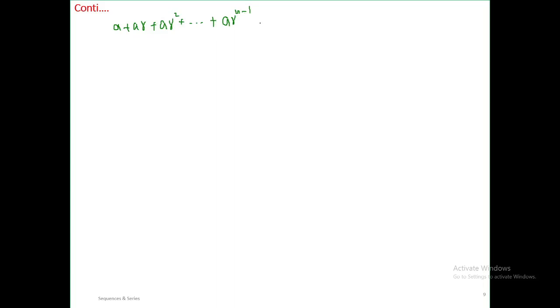So this will be a(1 minus r^n) upon 1 minus r. So clearly r should not be equal to 1. If r is equal to 1, the denominator becomes 0, and something by 0 is infinity. Okay. So this is the formula you have seen already in PUC. So the same formula I want to apply here.